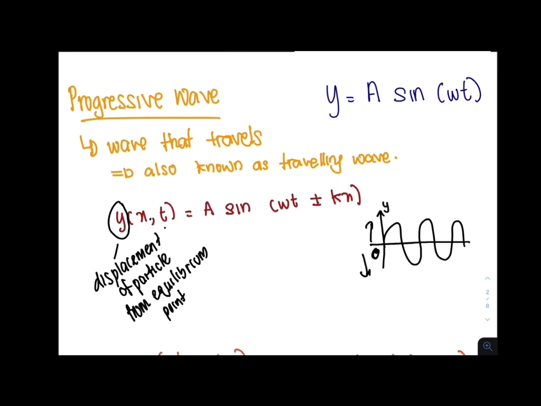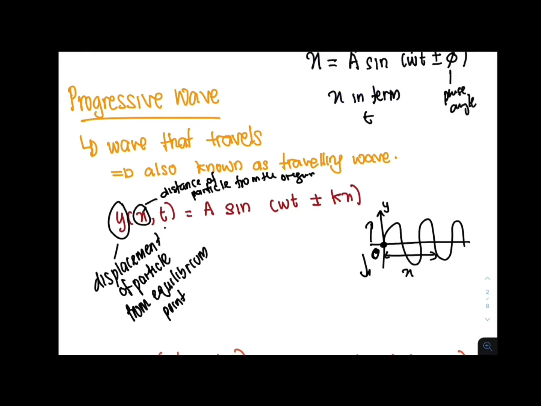Okay, and then next kita punya x dekat sini. Apa jadi kepada x adalah distance of the particle from the origin. So maksudnya x ni adalah jarak partikel kita dah travel from, jarak partikel kita duduk from the origin. So let's say this is your origin, ini origin kita. So how far is that particle from the origin?